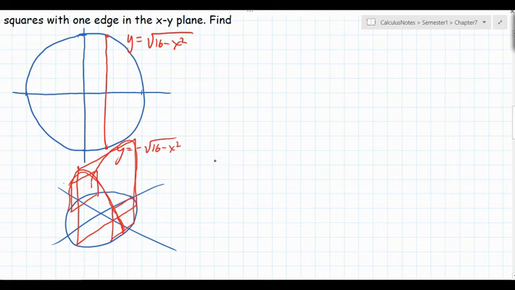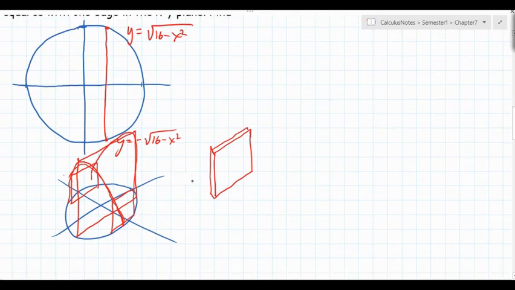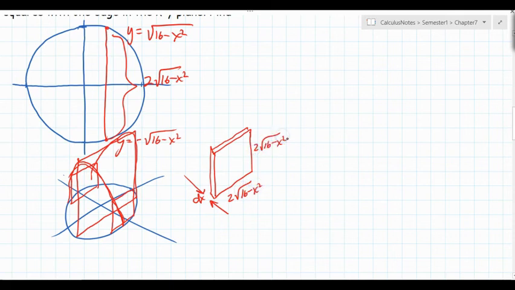We can just focus on one slice, so one square slice with a little bit of thickness, and the thickness again is in the x direction, so that dimension is dx. And then the length of this red segment is going to be 2 root 16 minus x squared. So this would be 2 root 16 minus x squared, and the height would also be 2 root 16 minus x squared because it's a square.